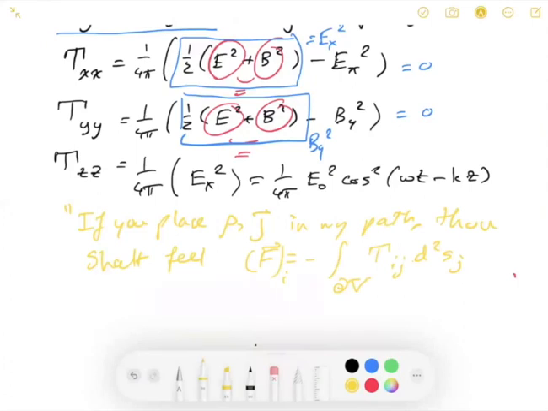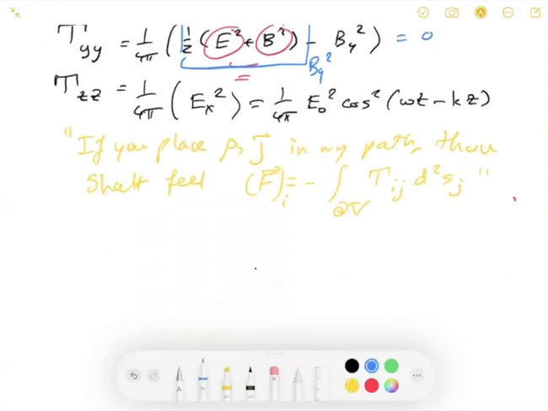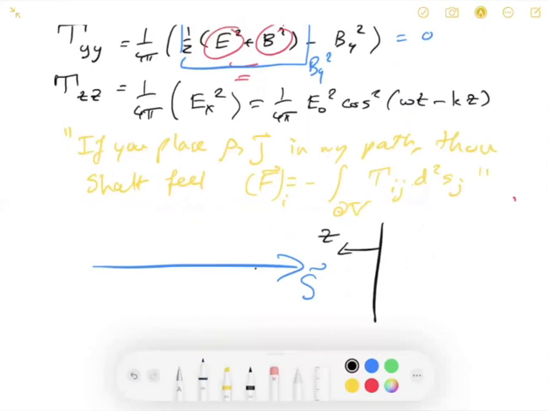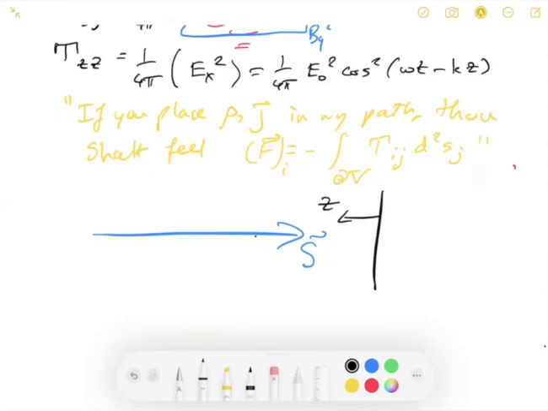All right. So let's say you have a wave that is traveling in this direction with some S vector, and therefore also has a T_zz. That means that if you place a surface here with a normal in the z direction, you shall feel a force. And that, ladies and gentlemen, is the radiation pressure. Okay, so in this case, it is the radiation pressure. So all is well with the world.